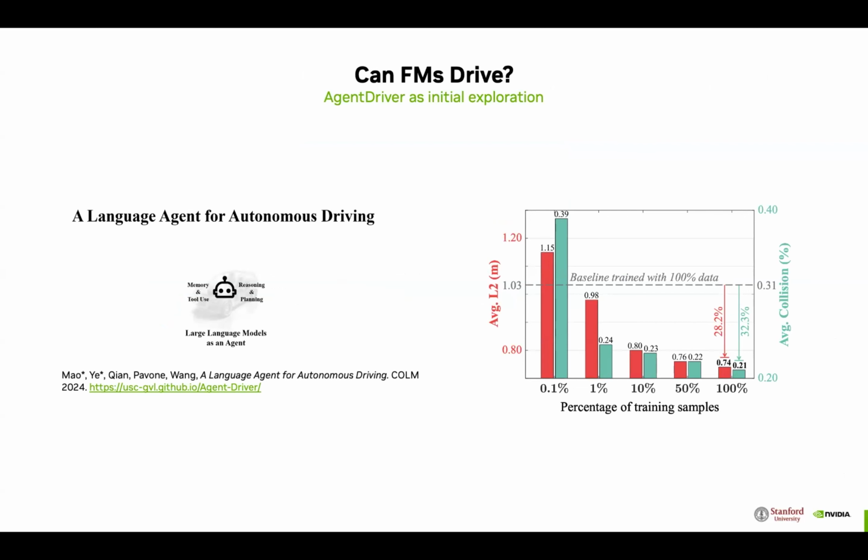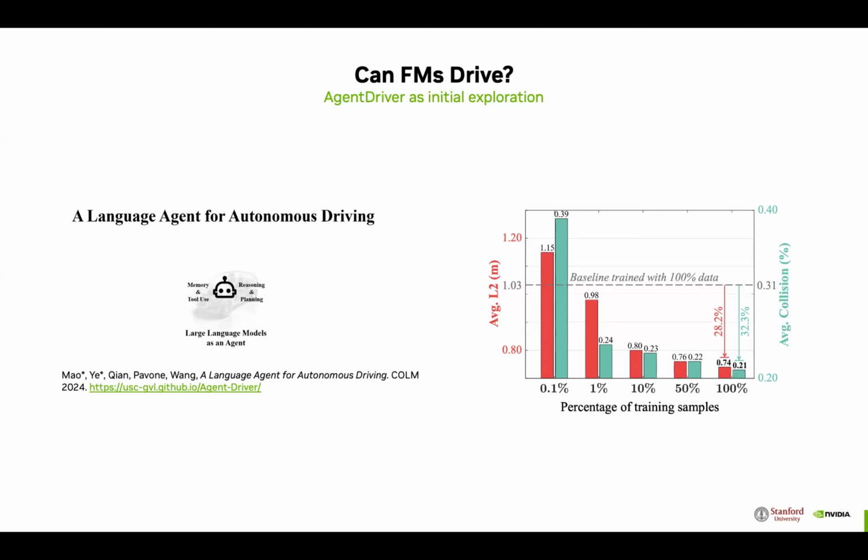To do so, in a work called Agent Driver, we looked at a setting whereby a large language model essentially plays the role of an embodied agent that loosely replicates how a human drives. Basically, the LLM agent calls on demand different models, different capabilities, such as object detection, object tracking, motion prediction, and so on and so forth. Everything is orchestrated through a text interface, and then, based on all this information, decides what to do next.